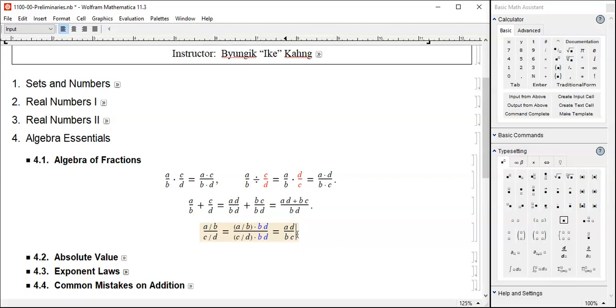So which same number do I select? Strategically, I selected the product of the denominators, b times d, so that b here and that b will cancel each other out so that we get ad in numerator, and this d and that d in denominator cancel each other out, and we end up with bc in the denominator.